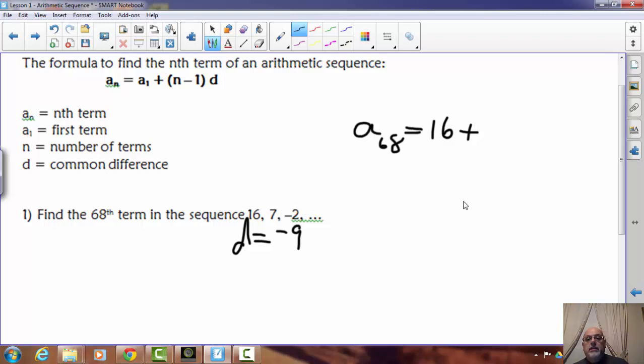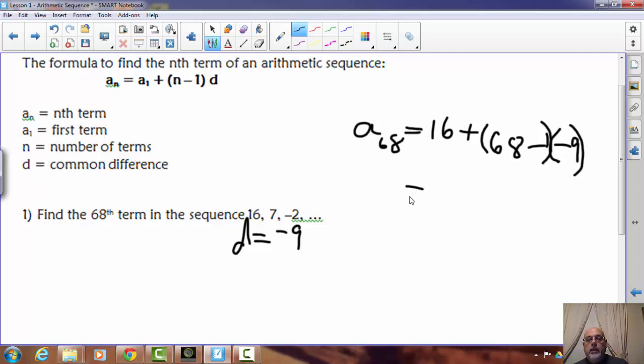Okay, let's go back to the formula. 16 plus, we want the 68th term, and we're going to subtract 1, and multiply that by -9.